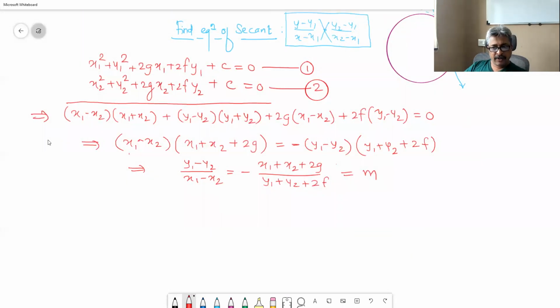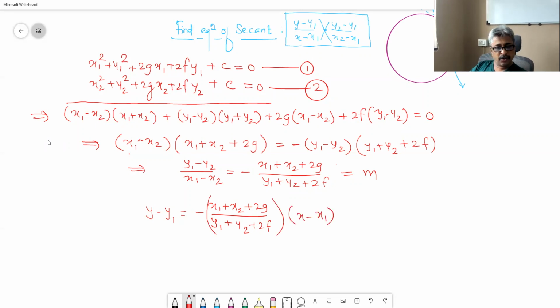And therefore, the equation of secant is y minus y1 is equal to minus (x1 plus x2 plus 2g) upon (y1 plus y2 plus 2f), this is the slope, times (x minus x1). Okay, this is the secant.